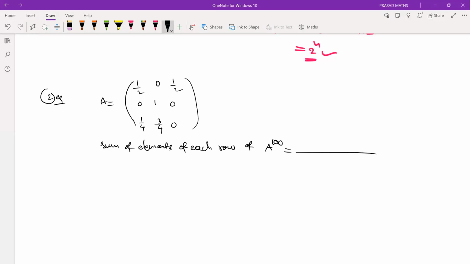You are asked to find the sum of elements of each row of A power 100.